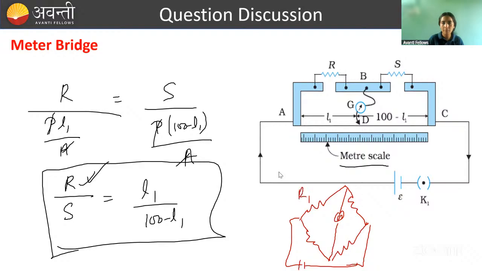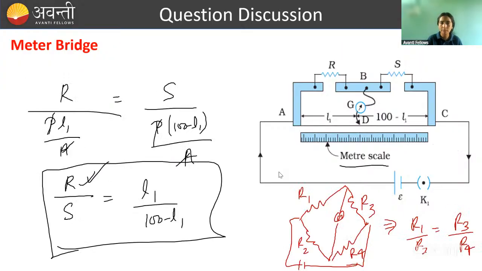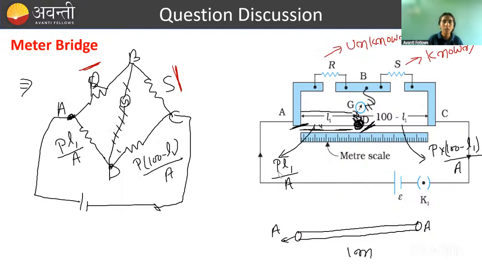Let's say this is R1, this is R2, this is R3, this is R4. If this is a balanced Wheatstone bridge, हमने equation पढ़ा ना, R1 by R2 को हम लिख सकते हैं R3 by R4. Here R1 is equal to R. आप देख लो यहाँ पे R1 R के बराबर है, R2 S के बराबर है. Sorry, R3 S के बराबर है, and R4 की अगर आप बात करो तो R3 is this, R4 is this.